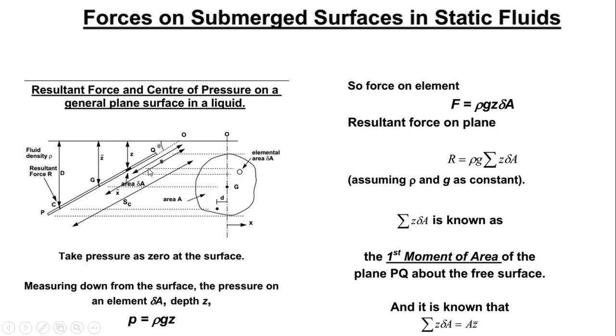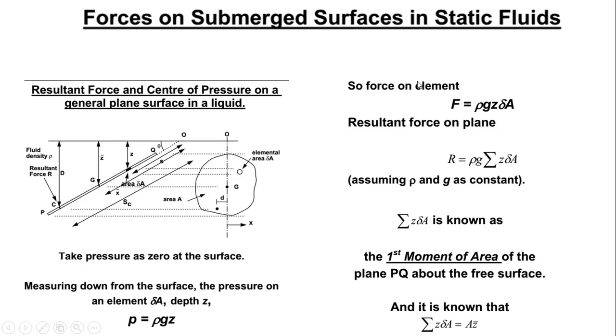So at this point, pressure is given by rho, which is the density of the fluid, multiplied by the acceleration due to gravity, and multiplied by z, which is this perpendicular distance. But since it's now at an angle, we need to use trigonometrical identities to find this z.